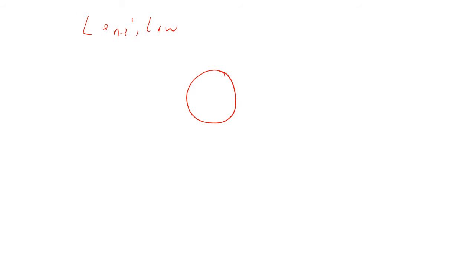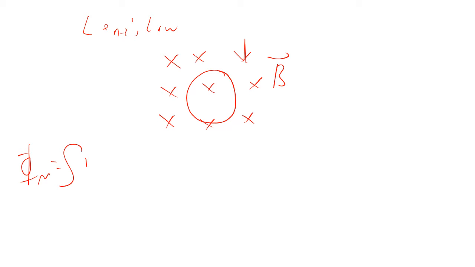So if we had a loop of wire right here in a magnetic field that's into the board, and I decrease the magnetic field, the flux is going to be the integral of B dot dA, so B times the area, B times pi r squared.